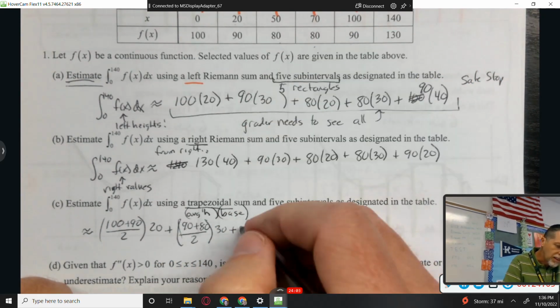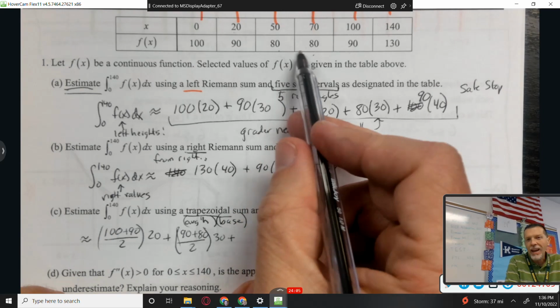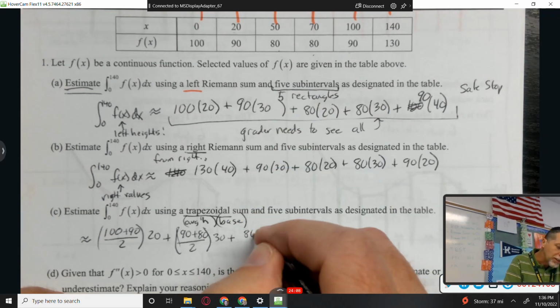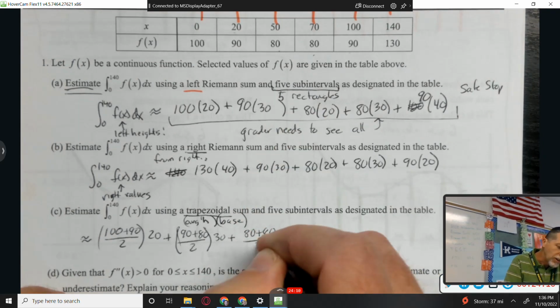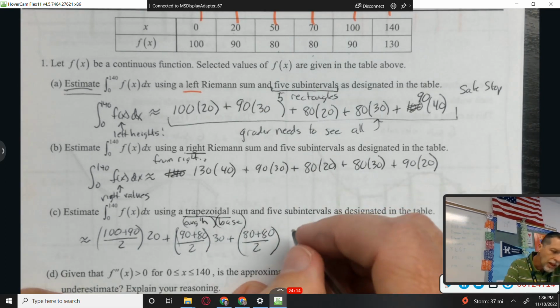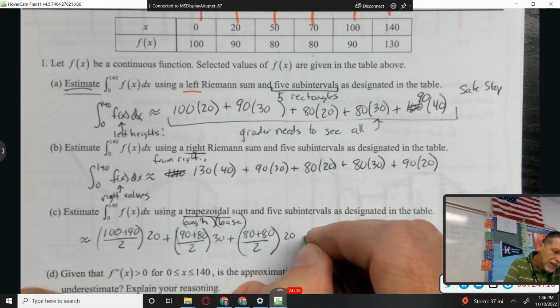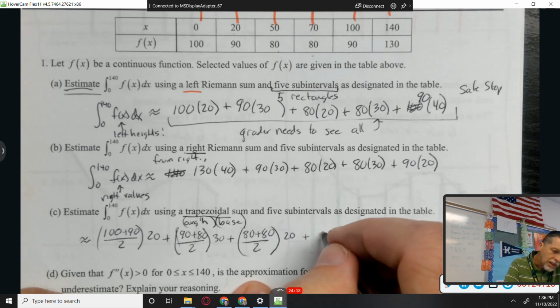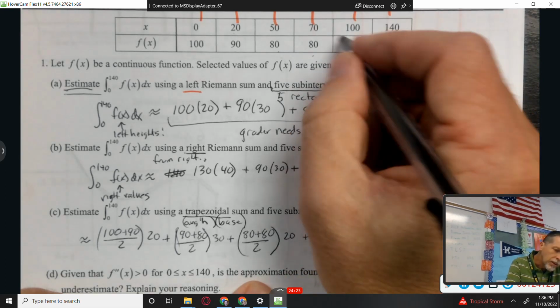Average height, I don't know that you need to put 80 plus 80 over 2, but if you want to make it look like you were doing a trapezoid, that width is 20. And then 80 plus 90 over 2, width of 30.